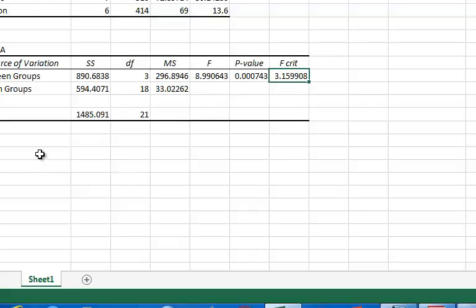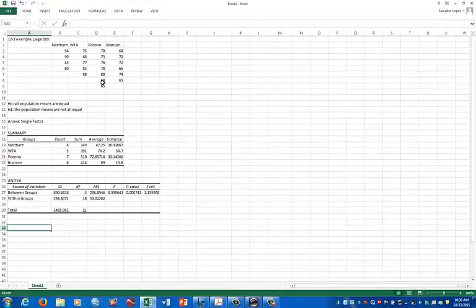Now in section 12.3, it says, okay, but which pairs of airlines are the ones that are different or equal?